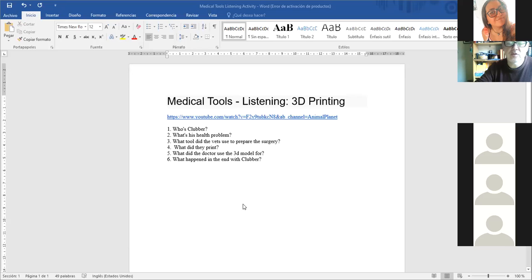Activity 2 is, no, it's not an activity we're going to do here. I'm going to introduce you to this activity that you will do individually this week. This is the last activity for medical tools. This document is in Material Docente, and it's a listening activity.